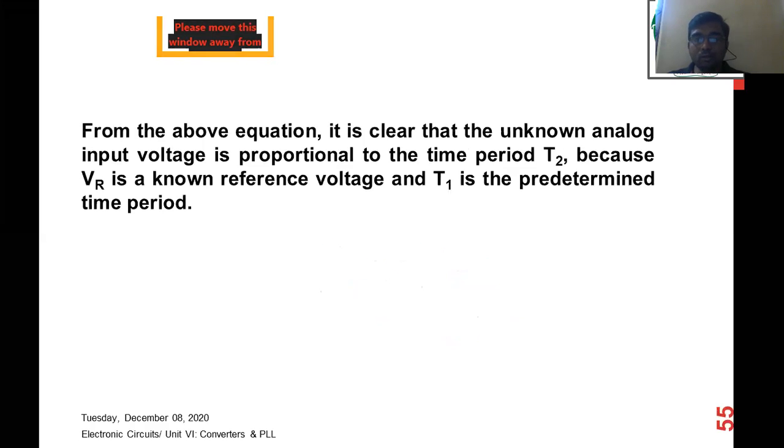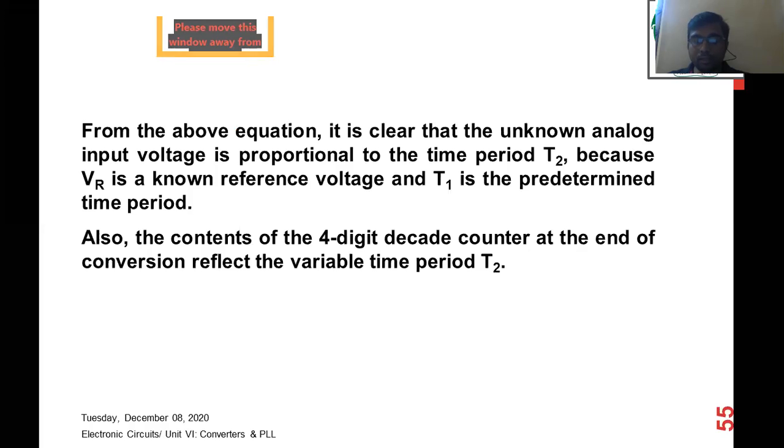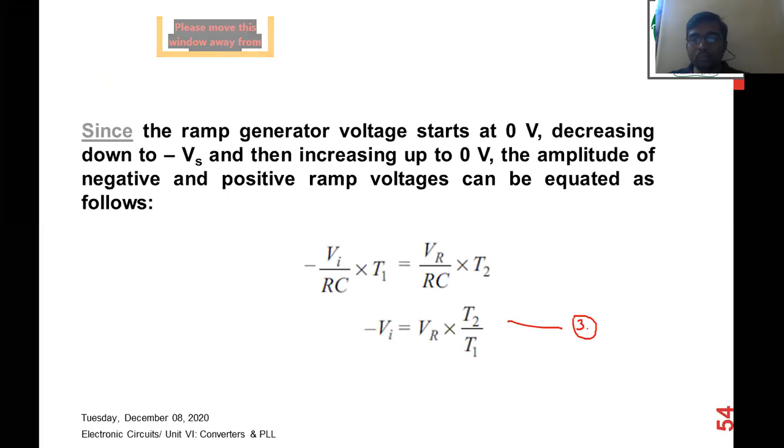Okay, so you can go with an example also for this case.